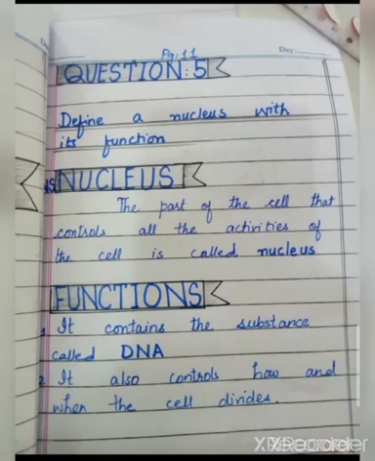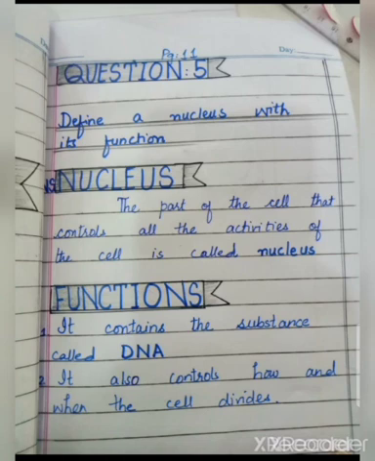Then you have to do question number 5, define a nucleus with its function. So first of all you have to define the nucleus, give the heading of nucleus, draw a sketch, do the shading in the sketch as well, right? Draw a proper margin line on each page, clear? And then you have to give a two-finger gap and start writing the definition of the nucleus.